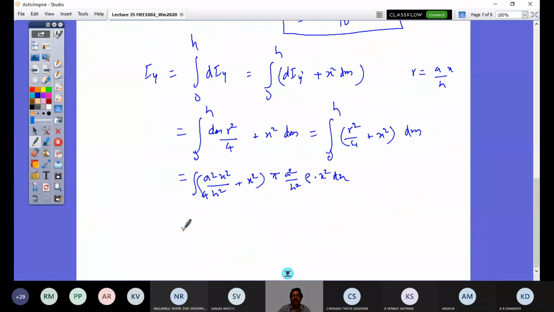So in this, what all constants can I take out? It's rho pi a squared by h squared. If I take that out, I will have remaining here a squared by 4h squared, and this x squared goes in here, so that becomes x power 4 plus x power 4 into dx.